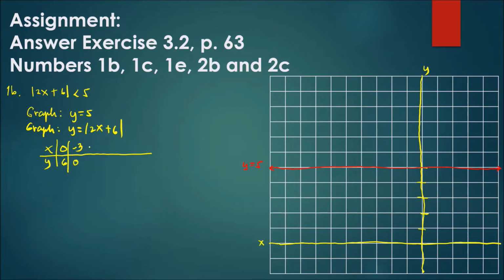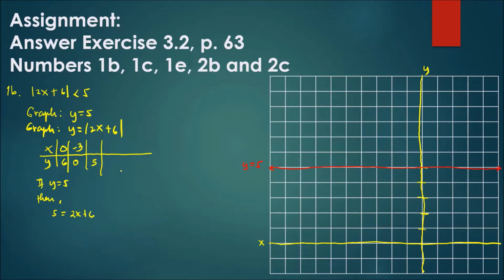Then note that we have here y is equal to 5. We would like to get the intersection of this graph with y is equal to 5. To get that intersection, we need to let y be equal to 5 and then solve for x. If y is equal to 5, then 5 is equal to 2x plus 6.